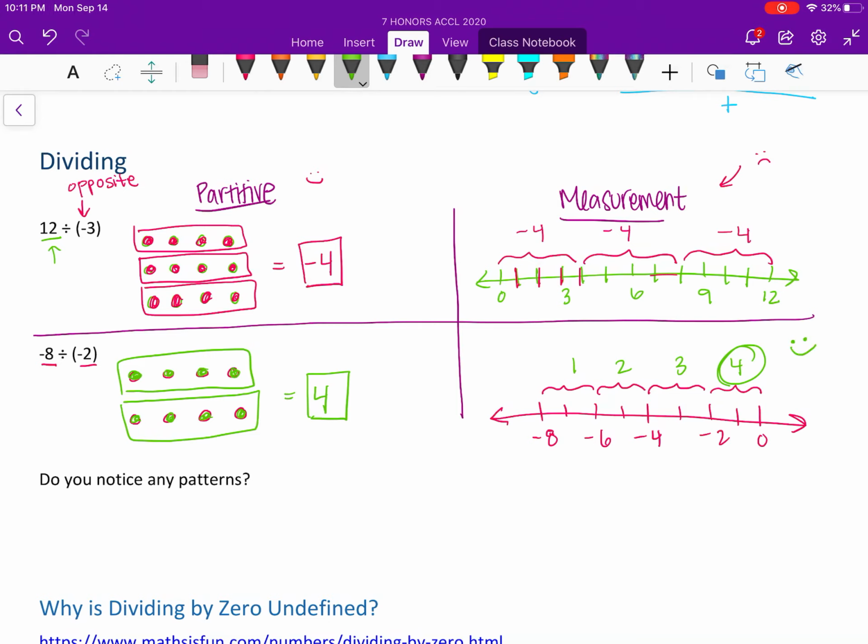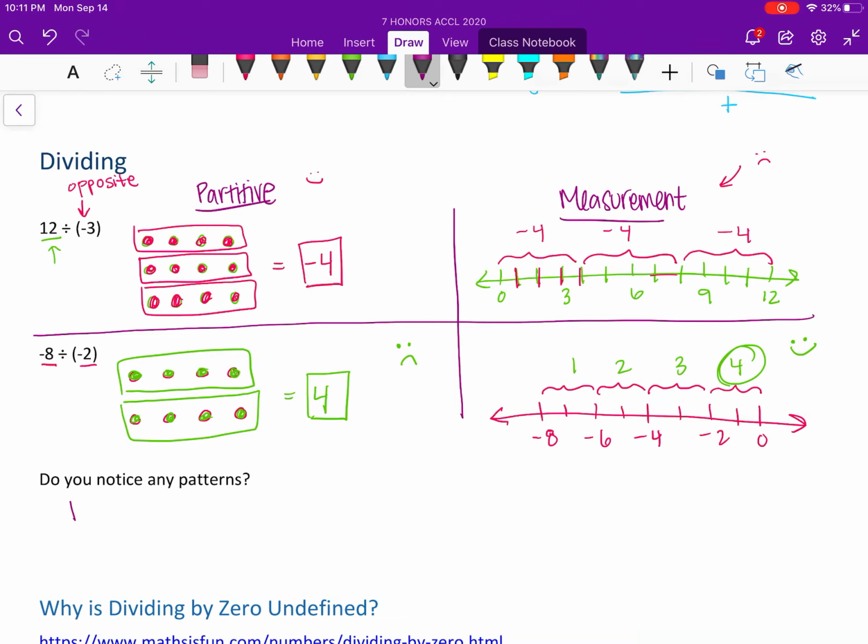Now, in this case, measurement is much happier and partitive is less happy. Okay, so there's ways that you could show partitive or measurement, happy or unhappy. Okay. Now for this one, I want you to think, do you notice any patterns? Or have you noticed any patterns between multiplication and division? Okay.